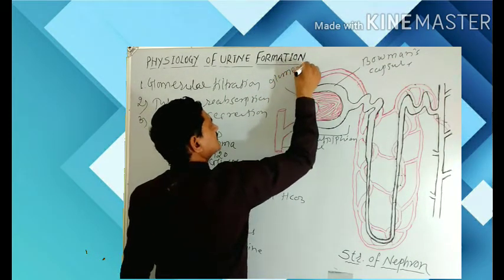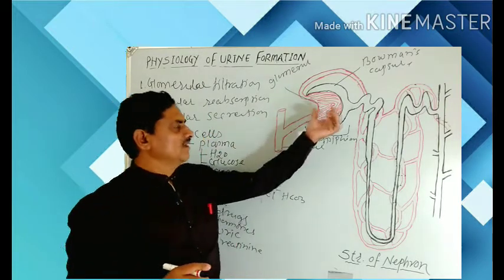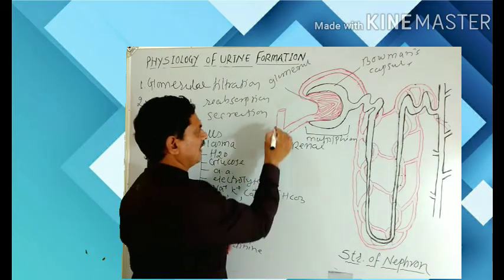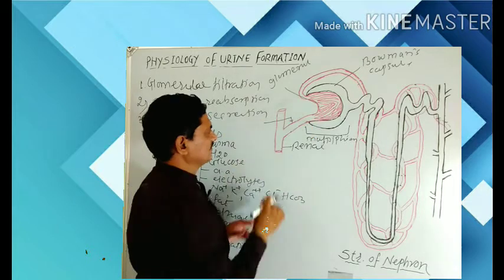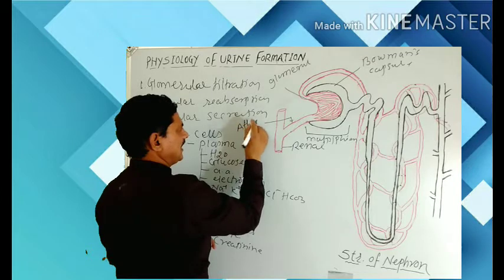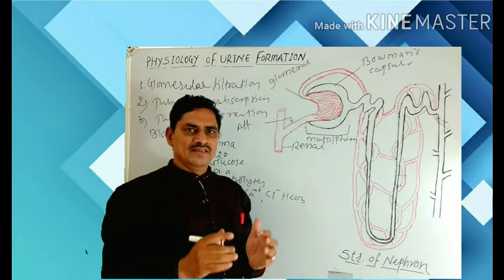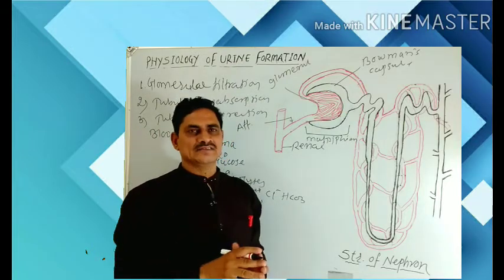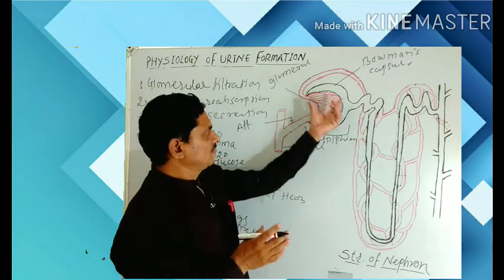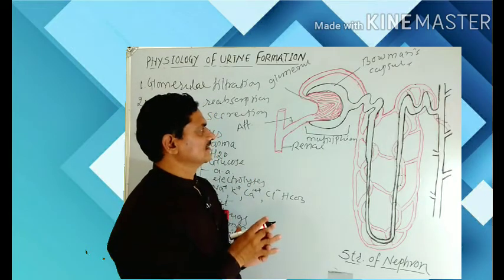This glomerulus is made up of blood vessels. From the renal artery, an arteriole arises. This one is called the afferent arteriole. This afferent arteriole enters into the Bowman's capsule. Here it divides and redivides and forms a compact mass of capillaries, and this compact mass of capillaries is called the glomerulus.